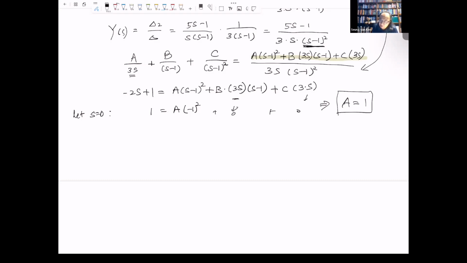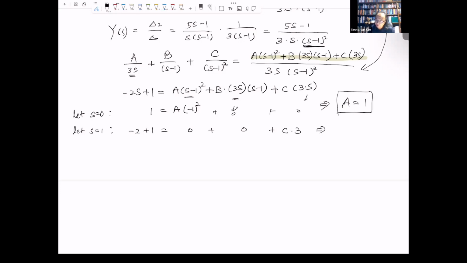Second one, by looking at this as (s minus 1) squared, I can use s equals 1. Then negative 2 plus 1 for the left-hand side. And the first term is going to be 0, the second term is going to be 0, and then the third term, we have C times 3.